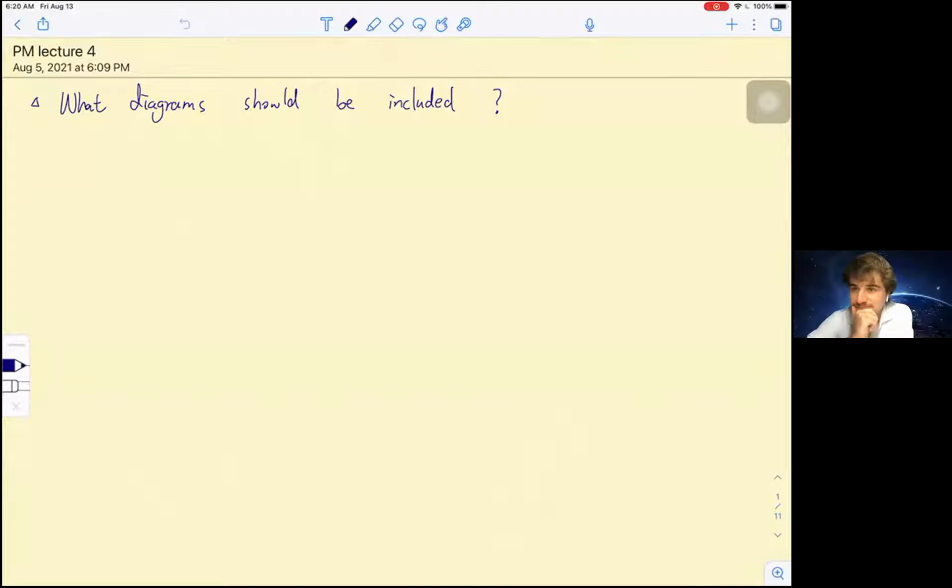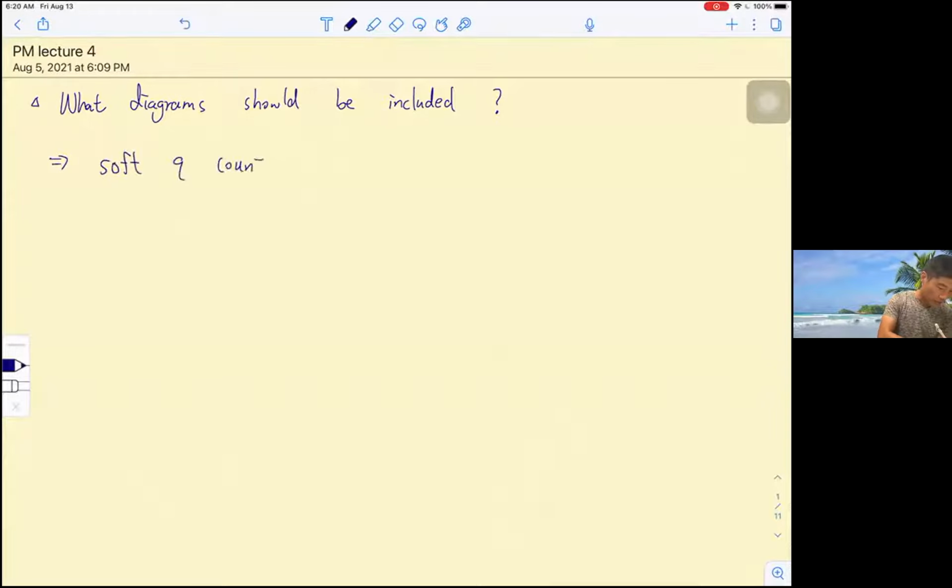There's something I want to finish from last lecture's discussion, which is what diagrams we want to include when we do this gravity computation. On the full series side, one basic thing we usually do is soft Q counting, so the diagram has to be classical or iteration.